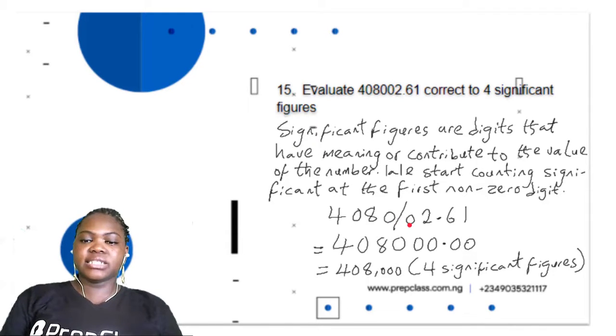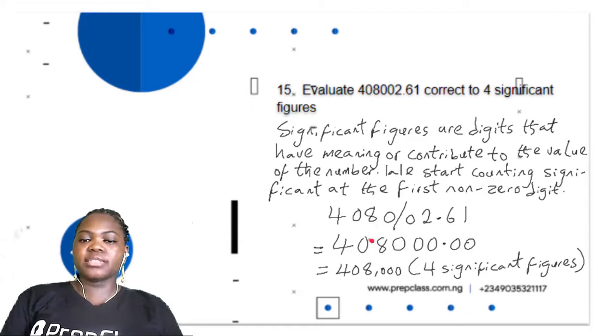If the next digit is 5 or more, that is 5, 6, 7, 8, 9, we increase 0 by 1. But if the next digit is 4 or less, that is 4, 3, 2, and 1, we leave the fourth digit as it is. So this is 0, so we leave it as it is.